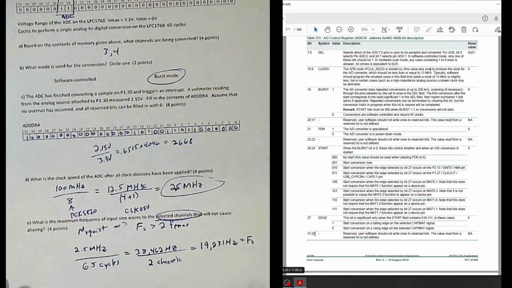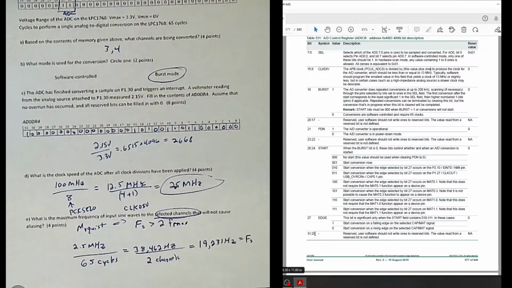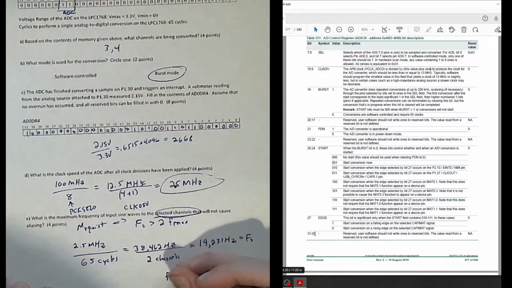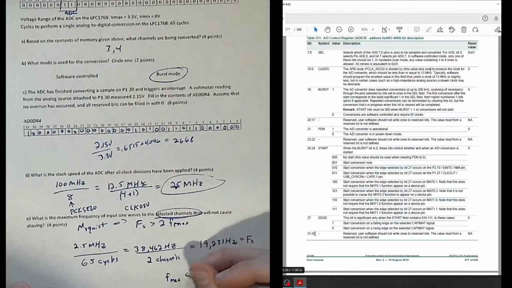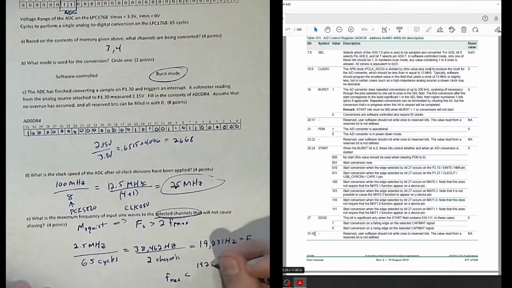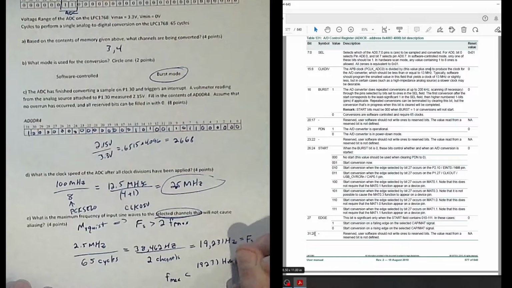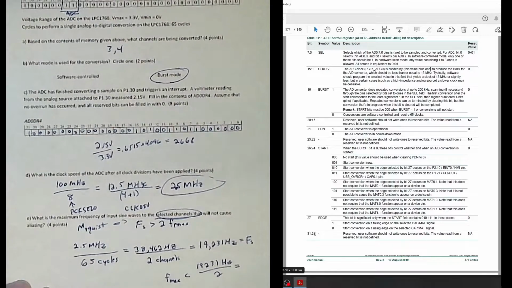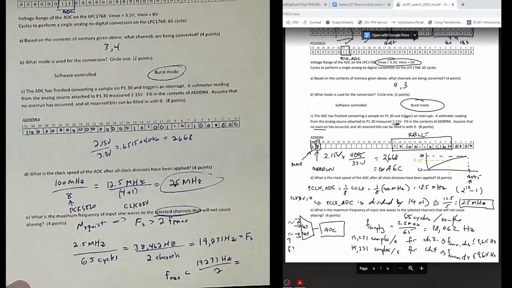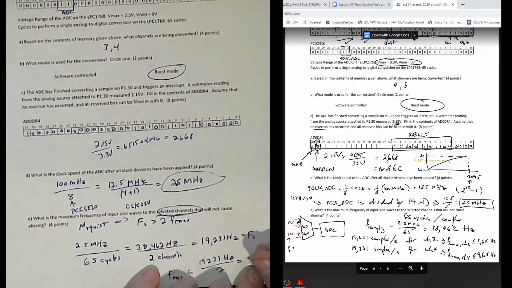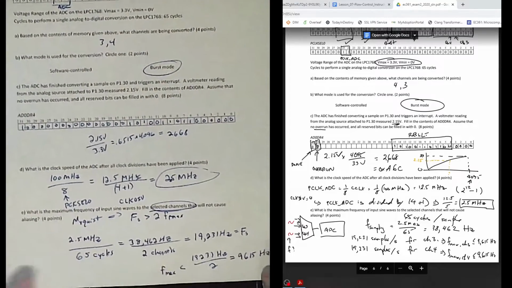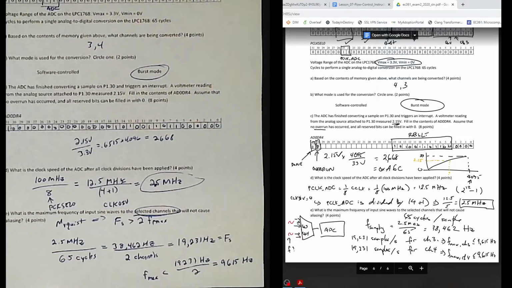And so now we need to know how fast can we actually be. So our Fmax is going to be less than 19231 hertz divided by 2, and that's going to be equal to this final value we see on the solution, which is 9615 hertz. So we have a fairly small value that we can get to once we've applied all of these divisions.